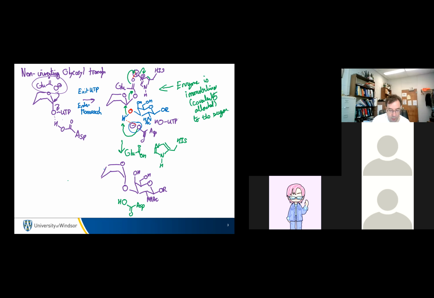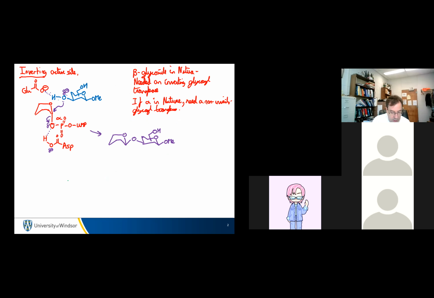Maybe this isn't a great example. Maybe I'm going to go back to this example here. At what point in this reaction is that sugar most tightly bound to the enzyme? At what point does it see the greatest benefit of being bound to the enzyme? When it's an intermediate. Yeah, it's in the intermediate.